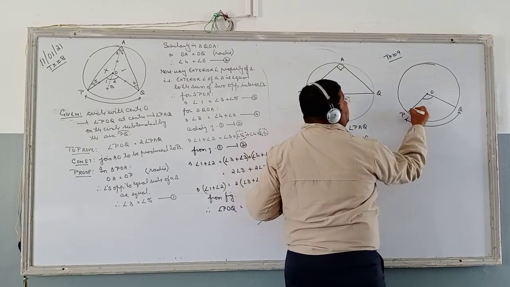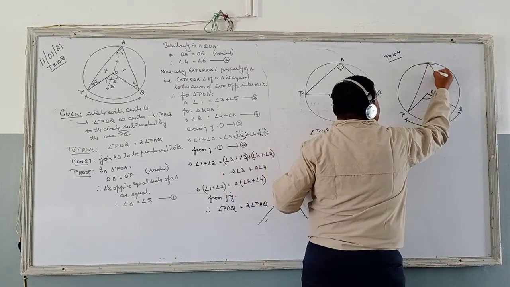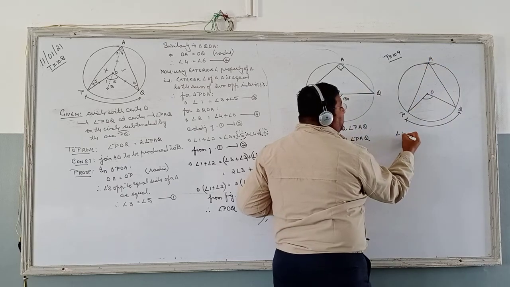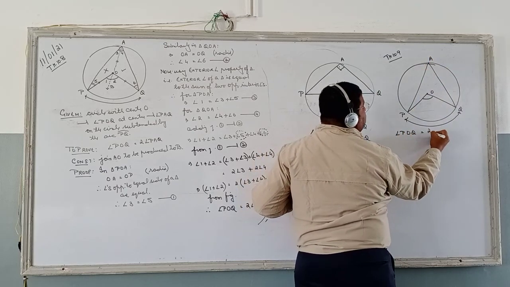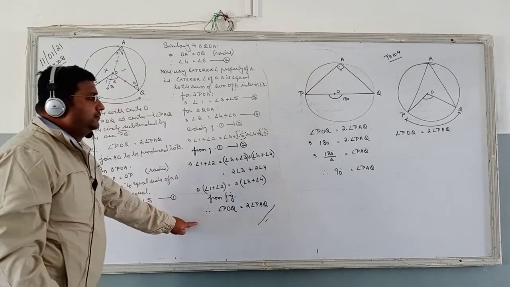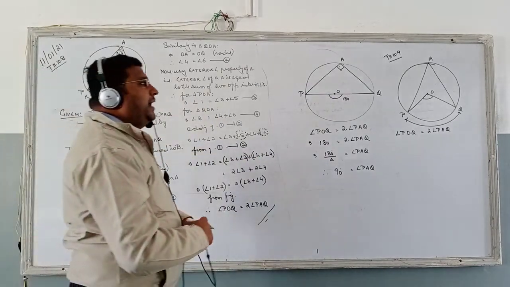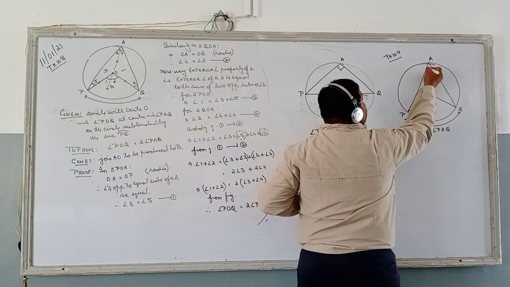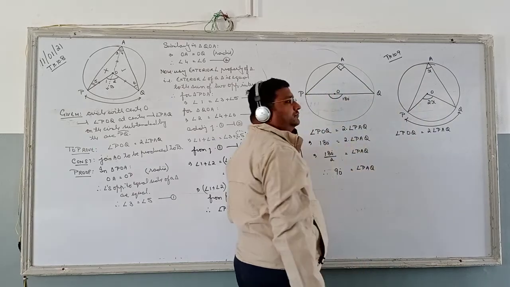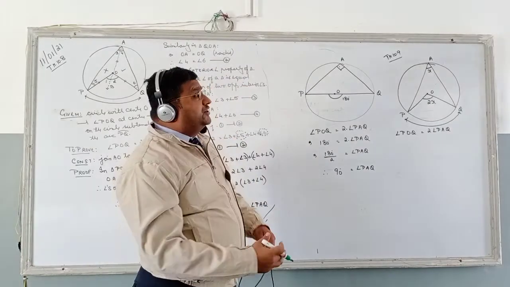And this is what we have proved right now: angle POQ is twice of angle PAQ. So, if this angle is x, how much is this angle? Sir, 2x. Isn't it?